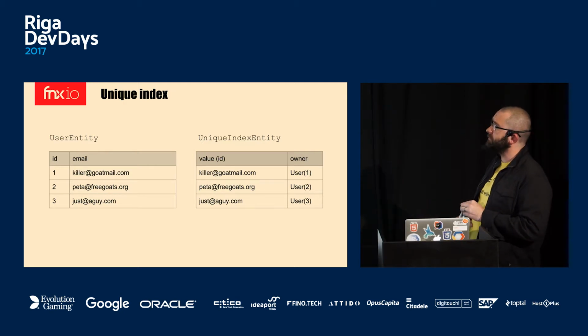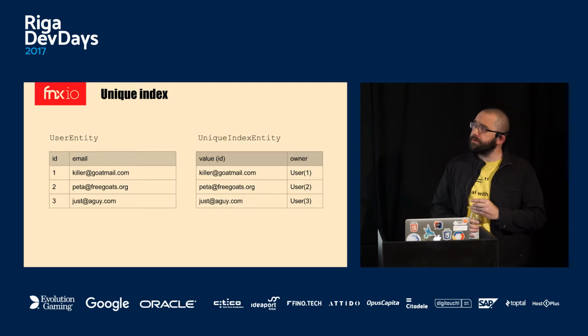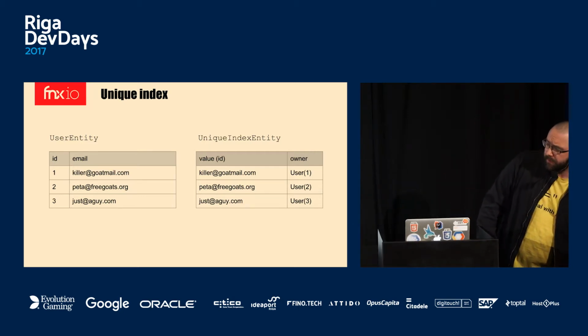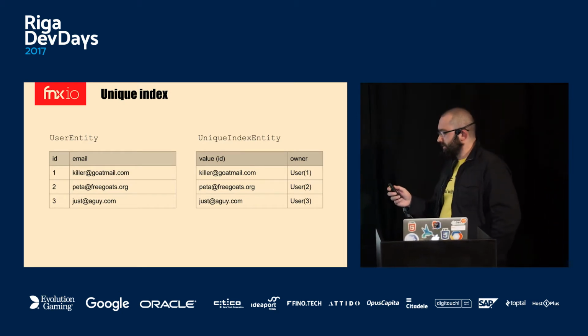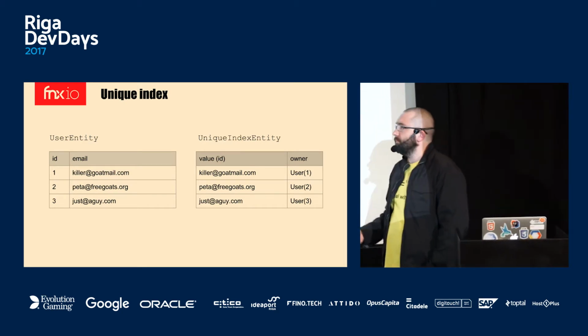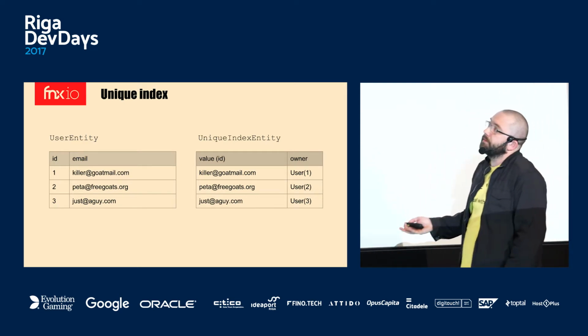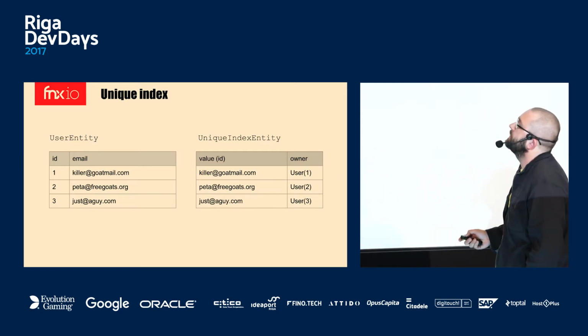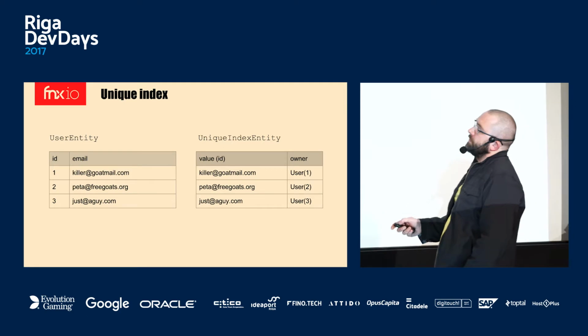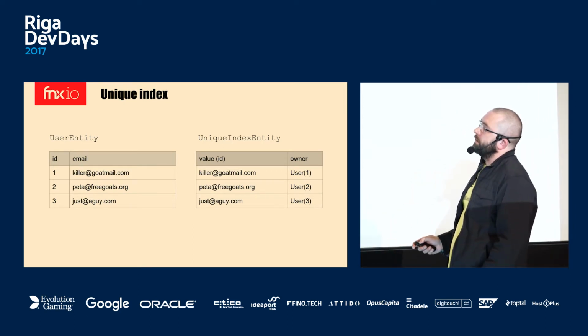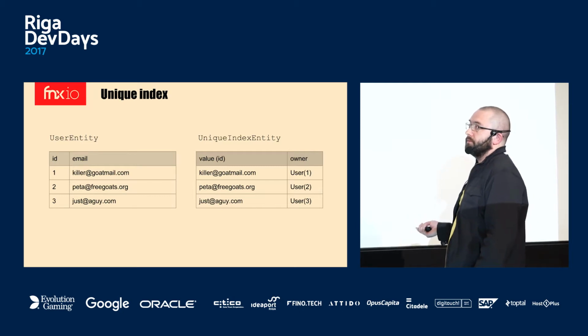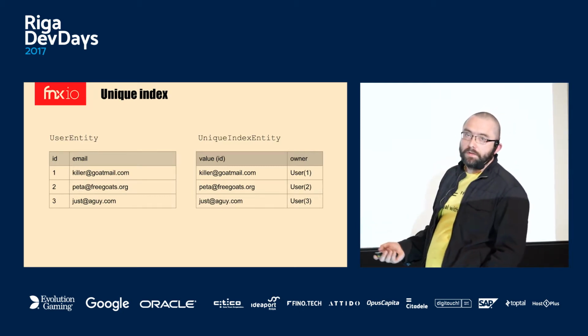So, the data store doesn't have unique indexes. The only thing which can be unique is the primary key, and occasionally you need some unique index. In this case, I have users with primary keys and they have emails, and I want those emails to be unique in my database.